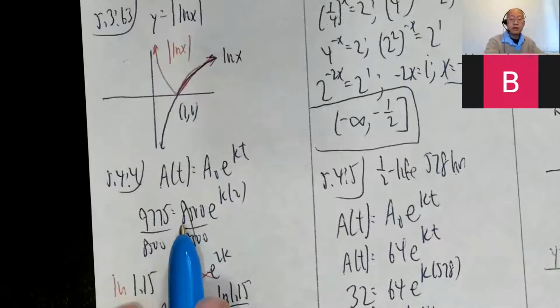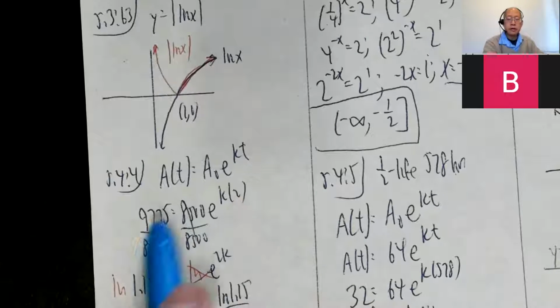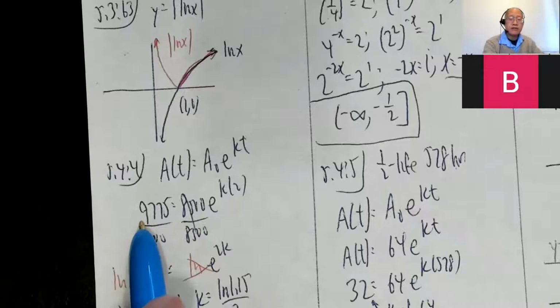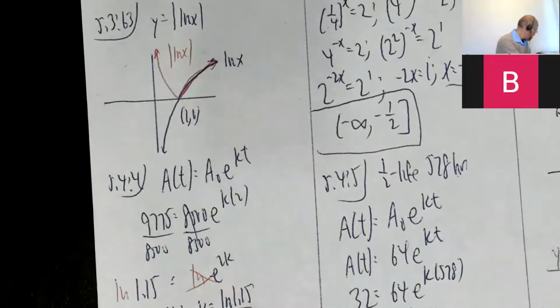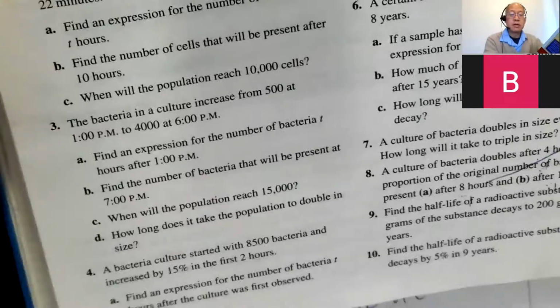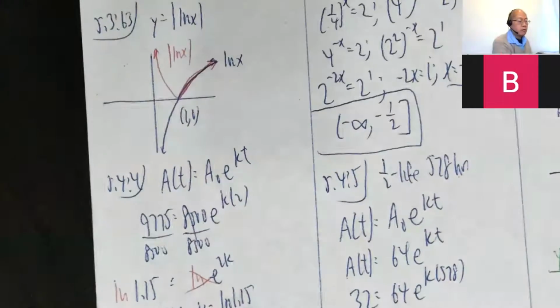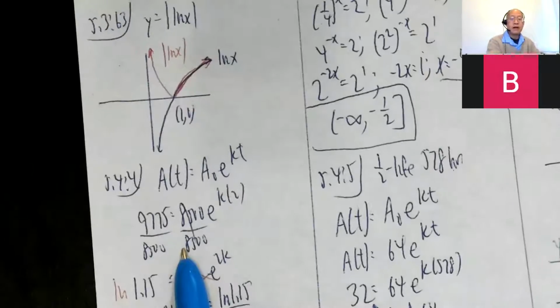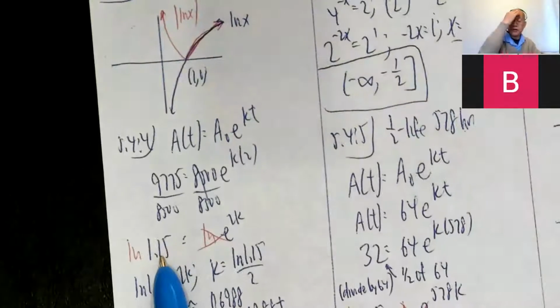So 8,500, plug in 2 here. 9,775 represents a 15% increase. Okay, so that's where I get the 9,775 from. It's a 15% increase, so I multiply by 1.15. You divide by 8,500 and you get 1.15.